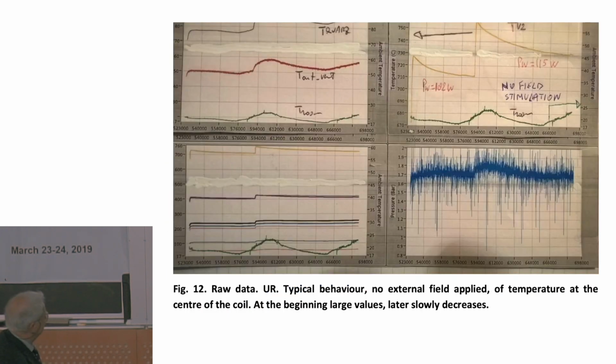Now, the main problem, at least in our experiment, is that when we start the experiment at high power and high temperature, we have wonderful data. But later the temperature inside the reactor goes down. We increase the power again, now we use 102 watt, 150 watt.